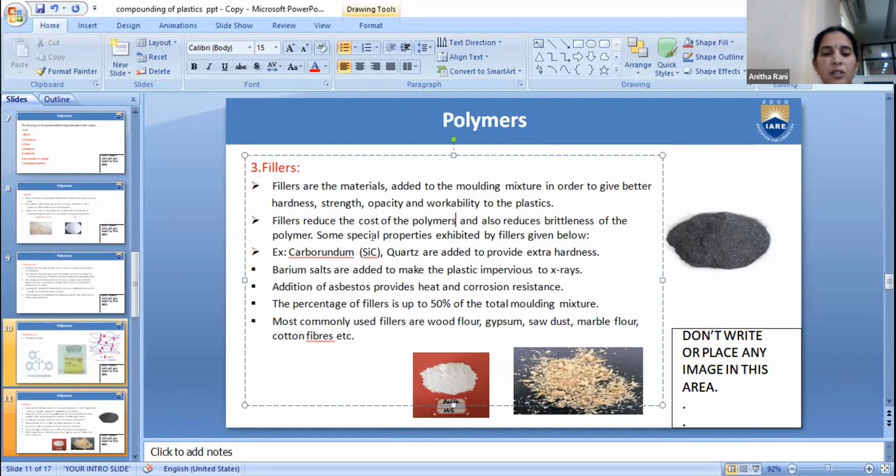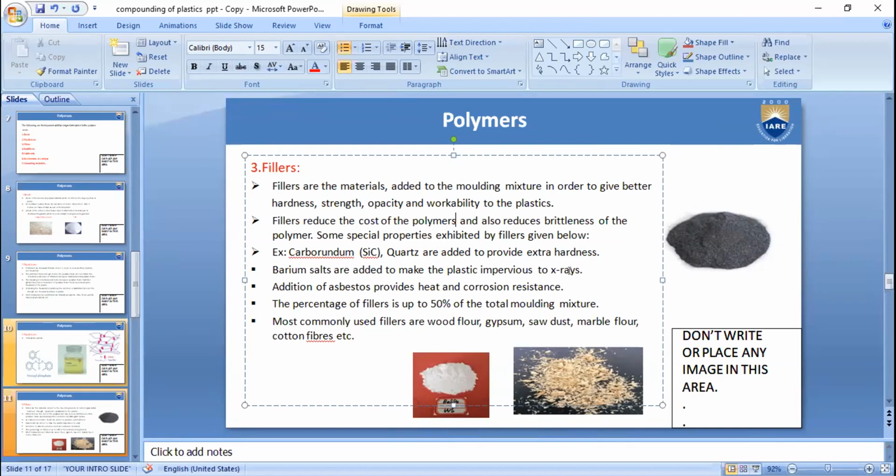We also add barium salts to make the plastic impervious to X-rays. When we add barium salt to the polymer resin, it does not allow the X-rays to pass. It will be impervious to X-rays.